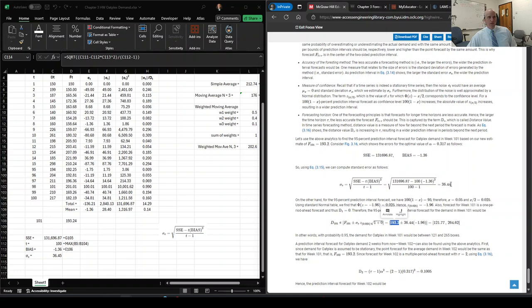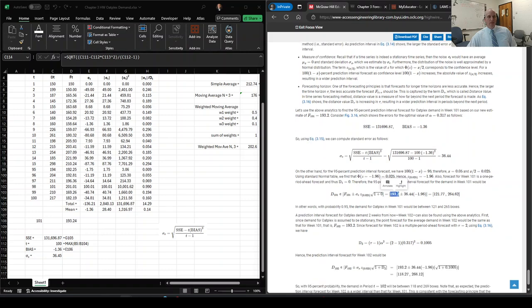That's going to allow us to calculate an upper and lower bound around the point forecast, right? So our standard error is 36.44. Our point forecast is 193.2. So in order to go higher than that, we want to go 193.2 plus and minus 36.44 times our z-score.